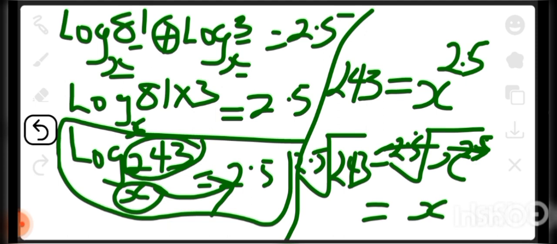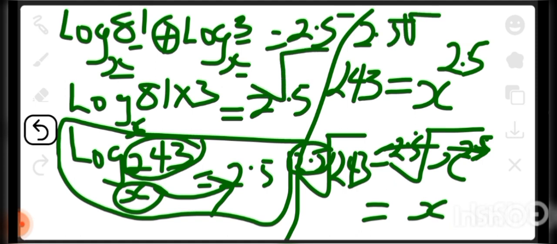Our x will now be equal to, what is the 2.5 root of 243? Just press your calculator, press shift root, then put 2.5 in this place and put 243 in this other side to see what you are going to have.